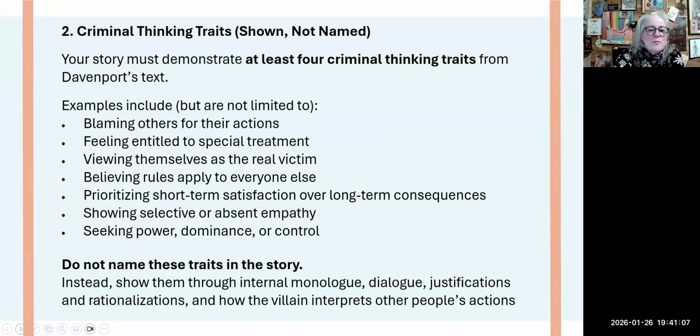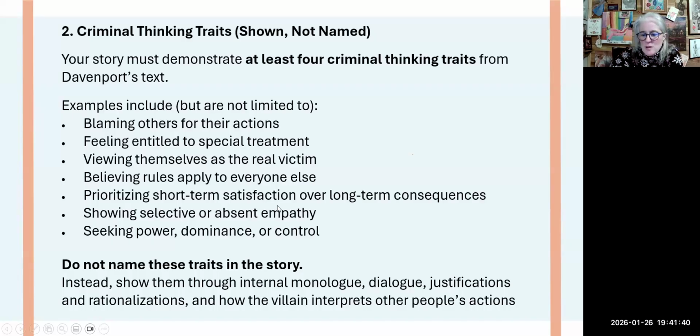Number 2, criminal thinking traits shown, not named. Your story must demonstrate at least 4 criminal thinking traits from Davenport's text. Examples include, but are not limited to, blaming others for their actions, feeling entitled to special treatment, viewing themselves as the real villain or the real victim, believing rules apply to everyone else but them, prioritizing short-term satisfaction over long-term consequences, showing selective or absent empathy, and seeking power, dominance, or control.